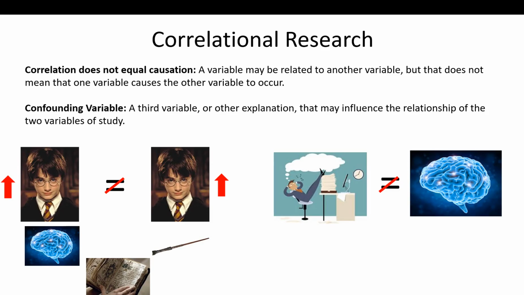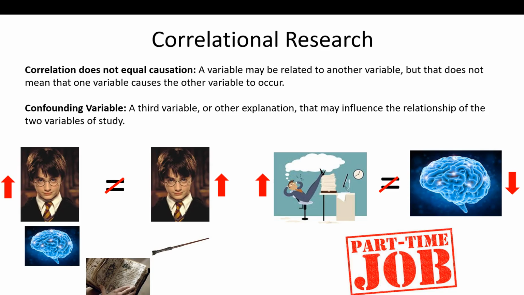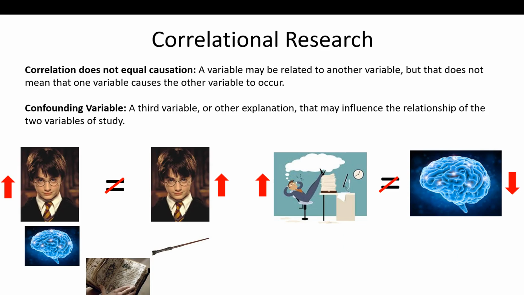Another example is procrastinating and knowledge of psychology. The more you procrastinate, the less you'll know about psychology. Procrastinating may hinder your ability to know more about psychology, but procrastinating may not be the sole cause for your decrease in knowledge about psychology.